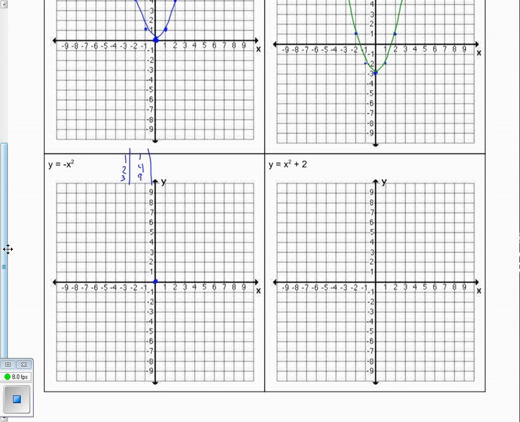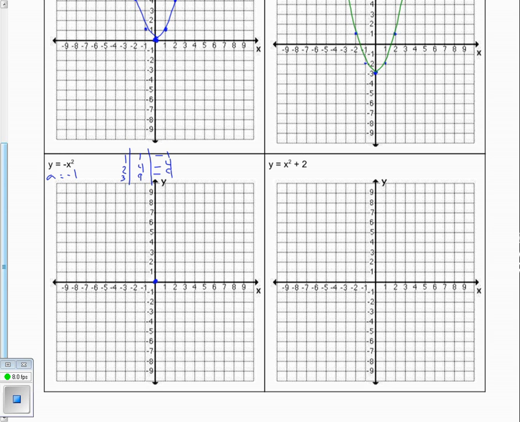The a value is -1. So -1 times +1 gives me -1. -1 times 4 gives me -4. And -1 times 9 gives me -9.